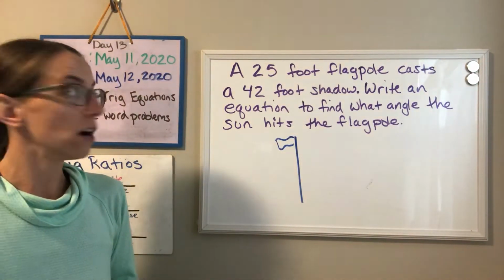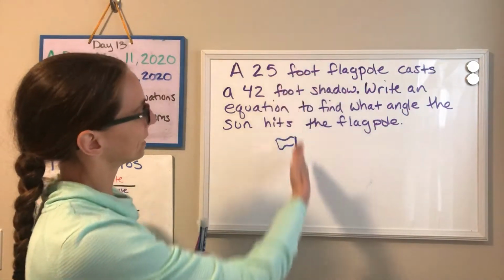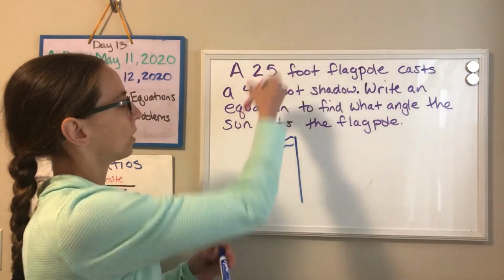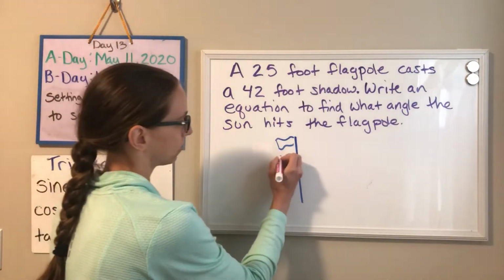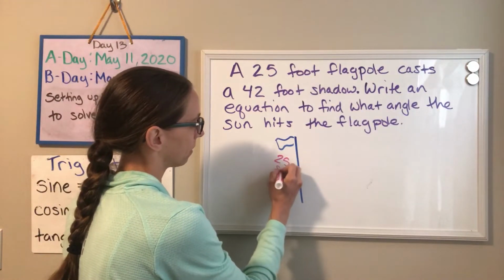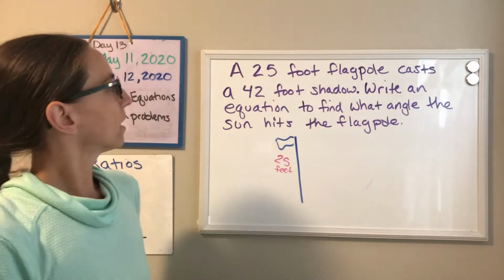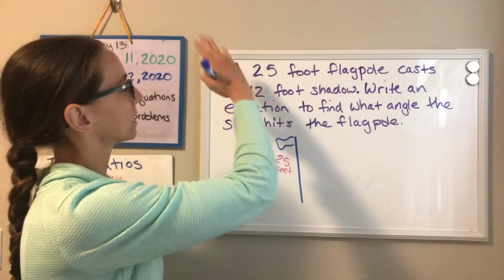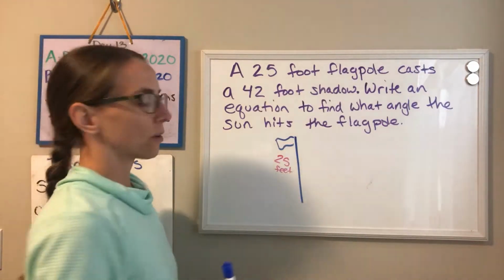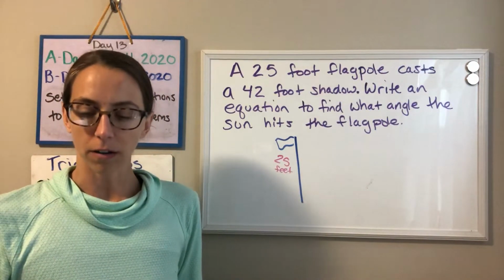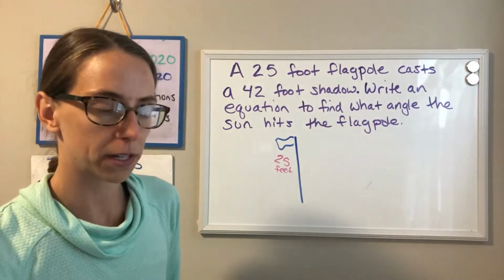And the thing that we know about this flagpole is that it's standing 25 feet tall. So this is 25 feet here, this measurement. The second thing I know is that there is a sun that's casting a shadow that's going to be 42 feet long. So here is our sun.